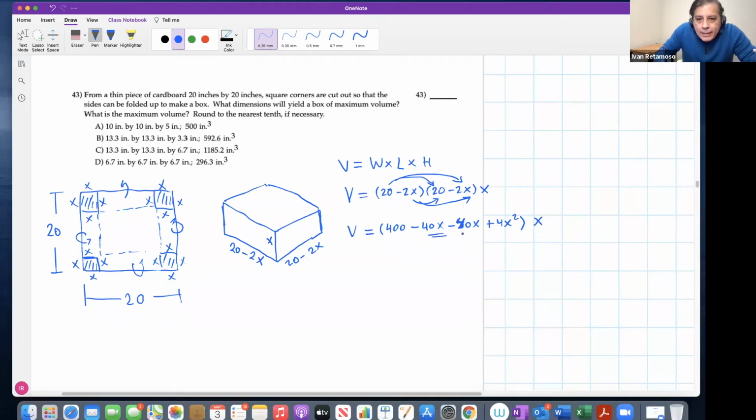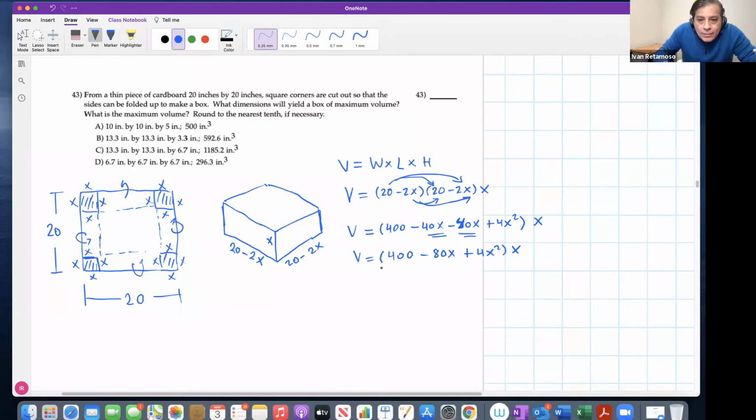Notice if you combine these two, minus 40x and minus 40x, you're going to get minus 80x plus 4x squared, times x.